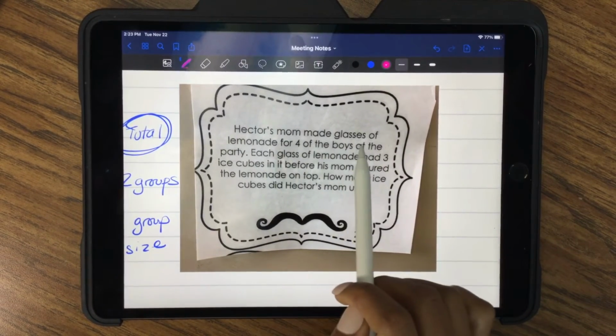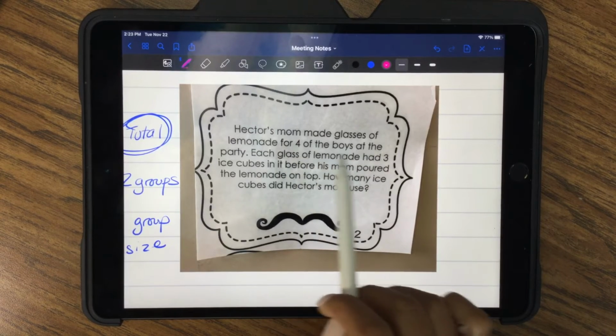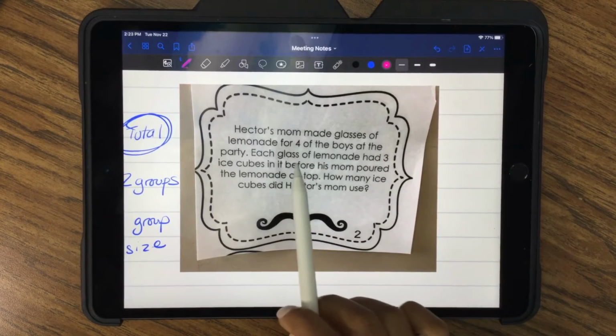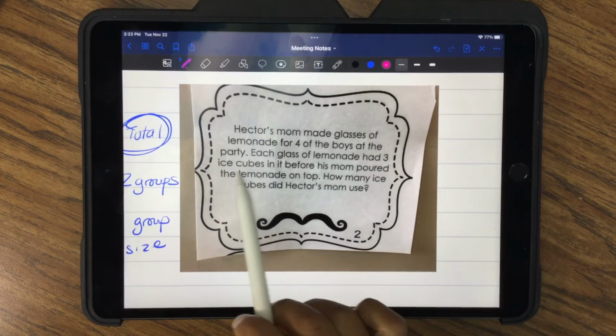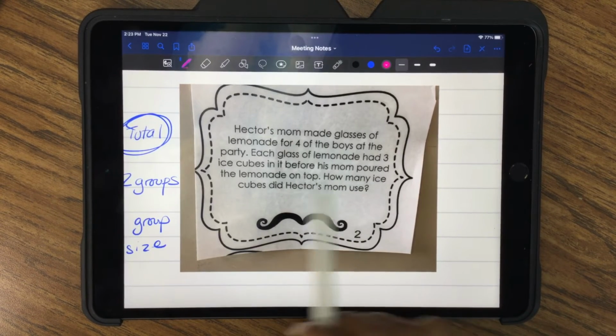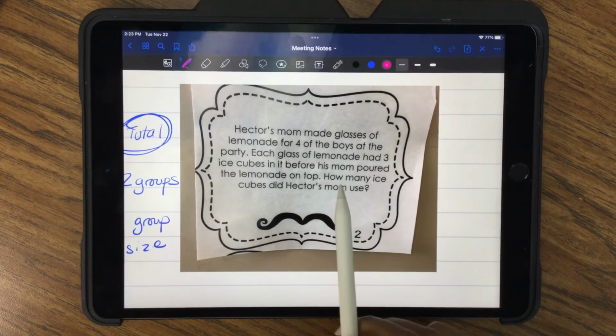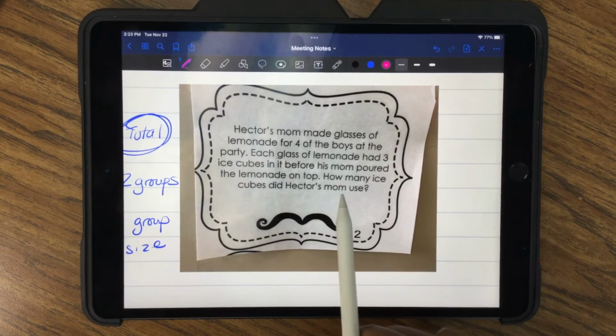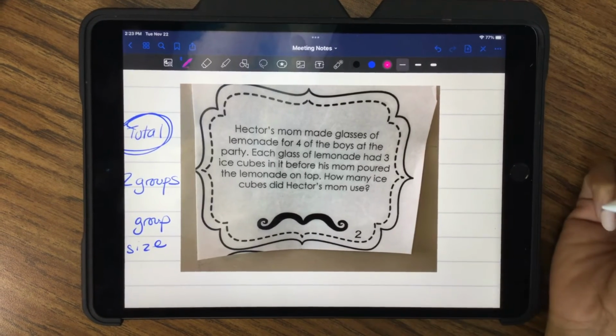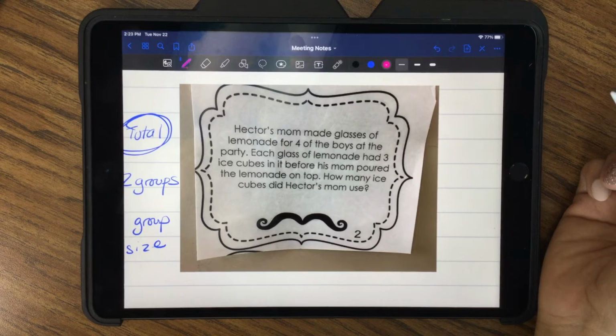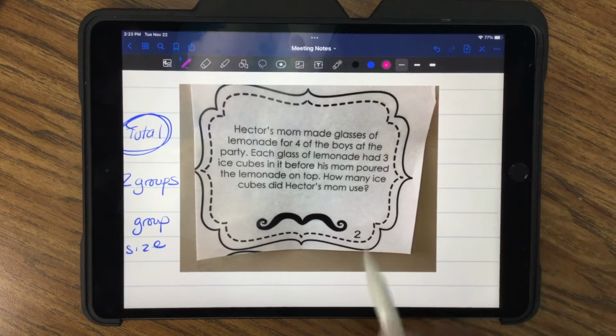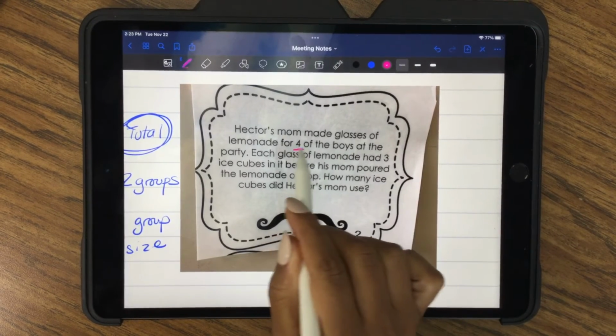Hector's mom made glasses of lemonade for 4 of the boys at the party. Each glass of lemonade had 3 ice cubes in it before his mom poured the lemonade on top. How many ice cubes did Hector's mom use? Okay, so Hector's mom made glasses of lemonade for 4 boys.